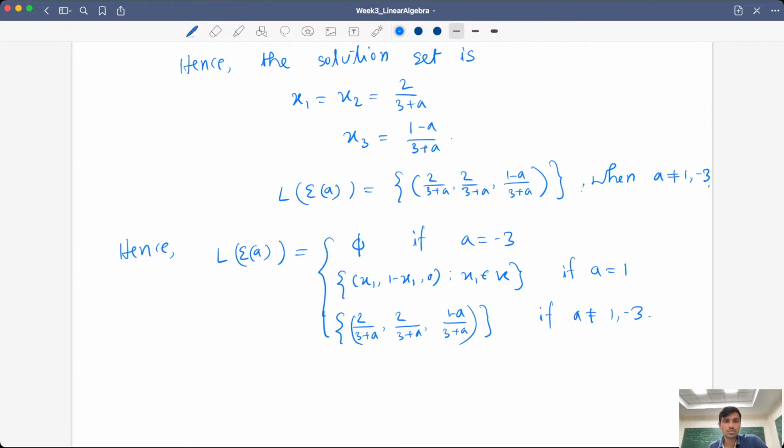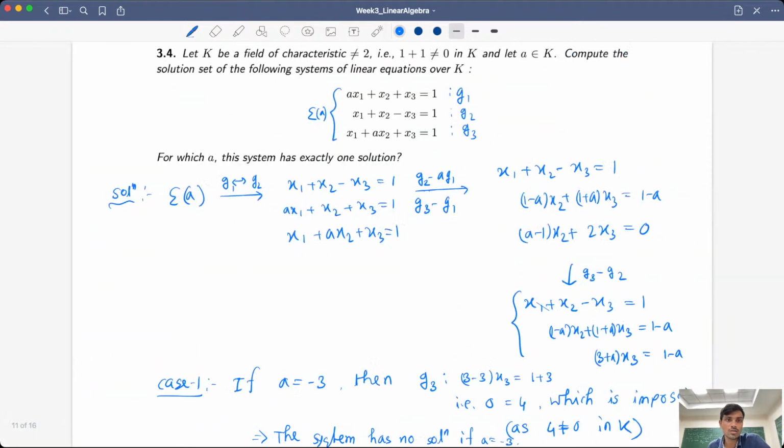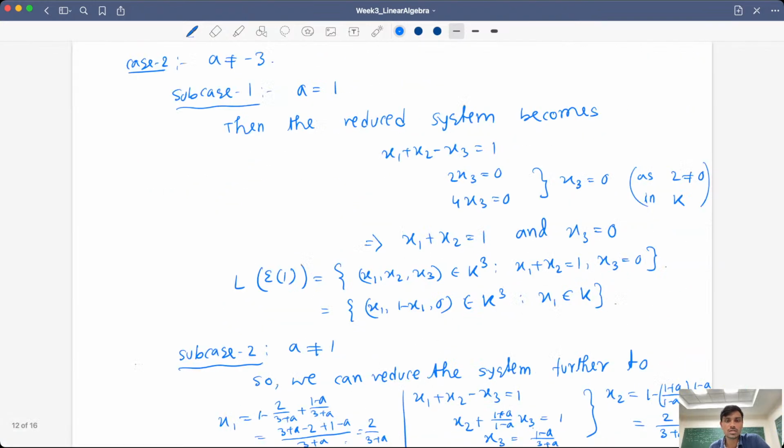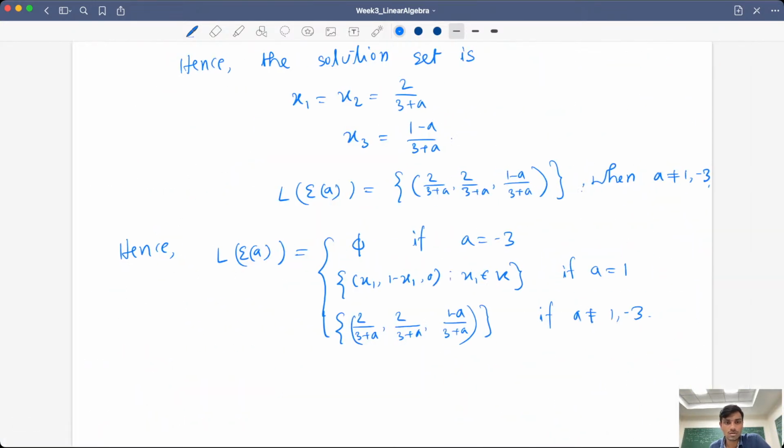So hence for the asked question, for which a this system has exactly one solution, you see that in this case you have exactly one solution.